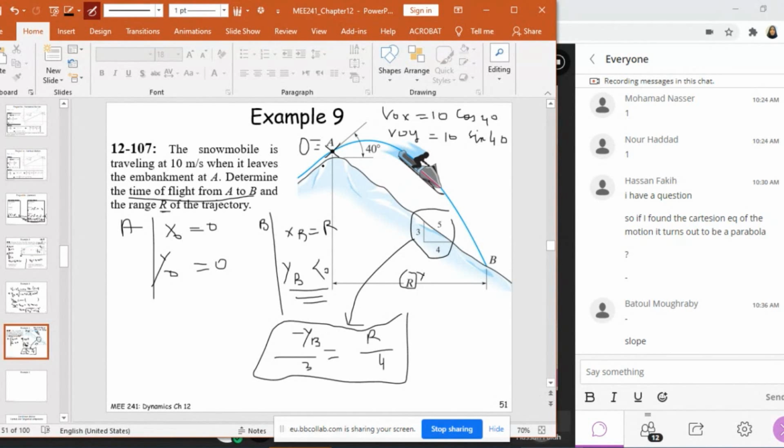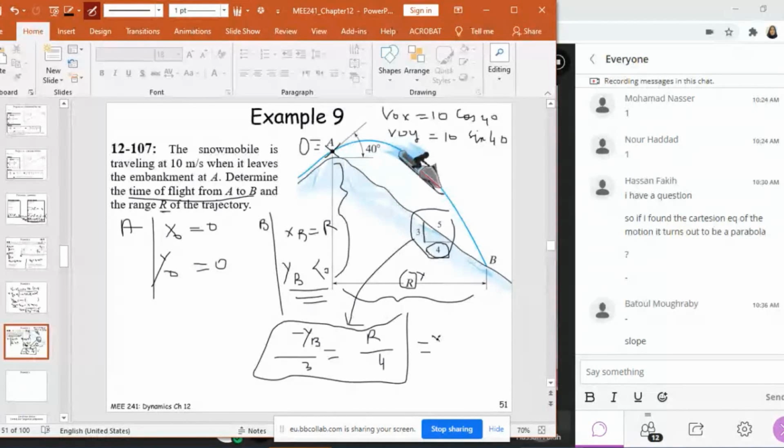So guys, this distance here, which is yb in absolute value, over 3 should be equal to this distance here, which is R, and this is xb, over 4. Right, guys? So minus yb over 3 is equal to R, which is xb over 4.